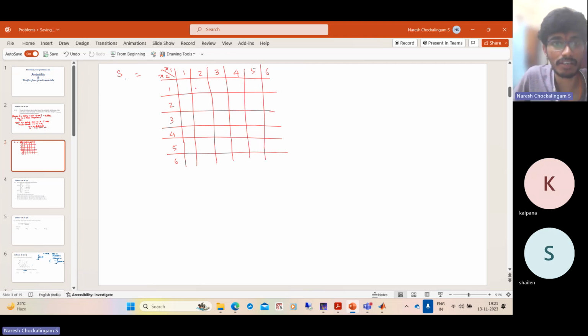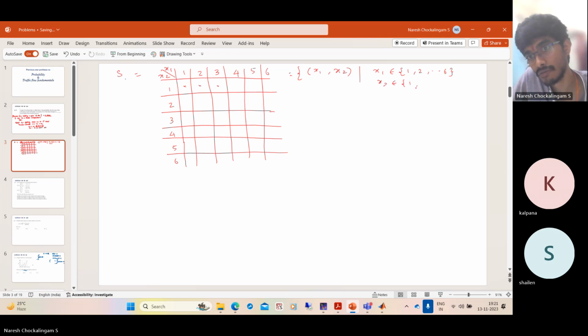Corresponding to each pair, you have one outcome. The sample space is the set of all ordered pairs (X1, X2), where X1 belongs to 1, 2 up to 6, and X2 belongs to 1, 2 up to 6. So this is the sample space.